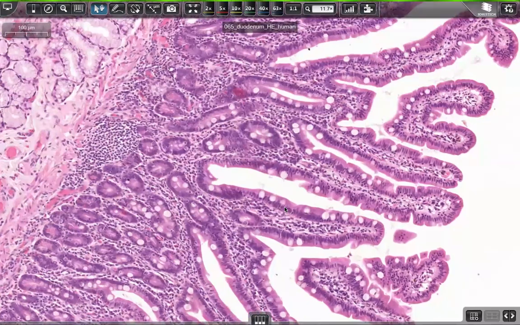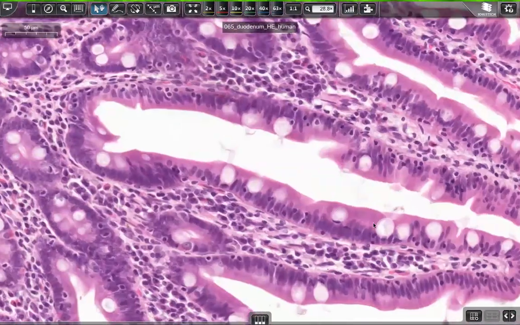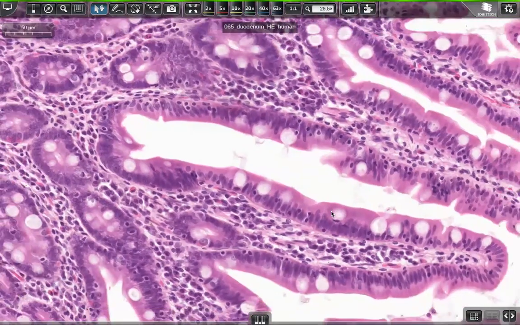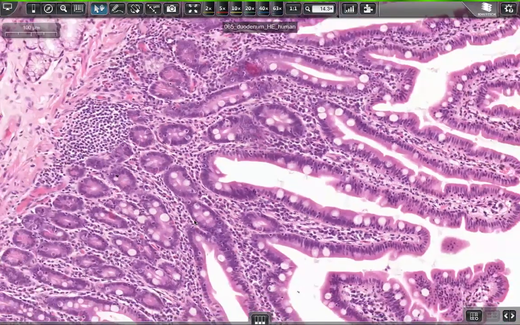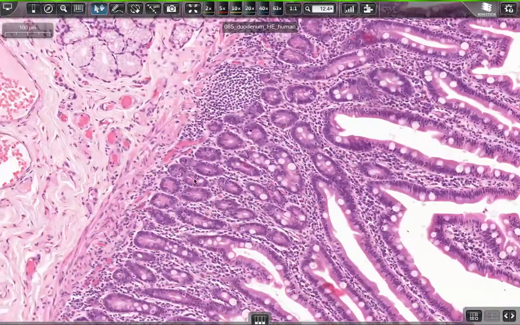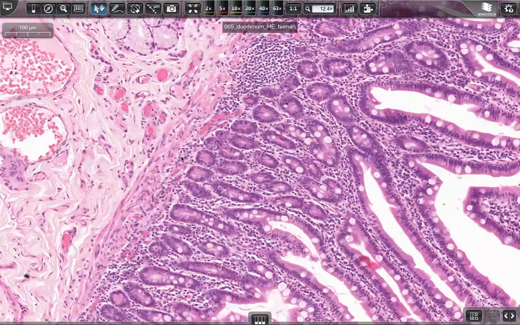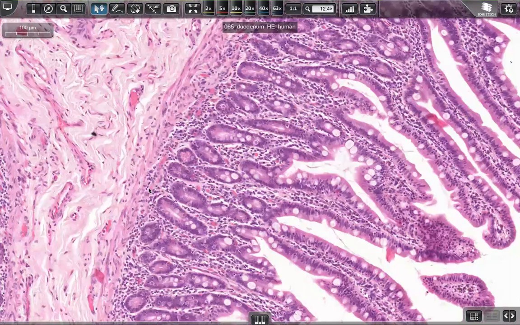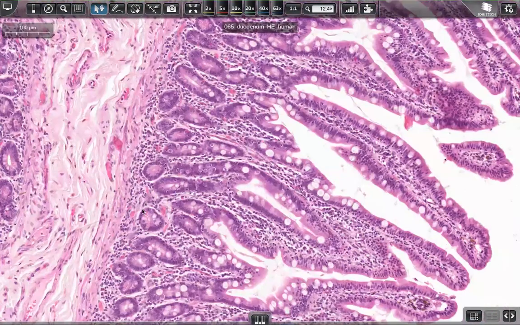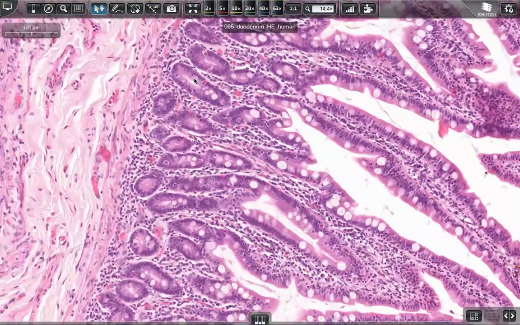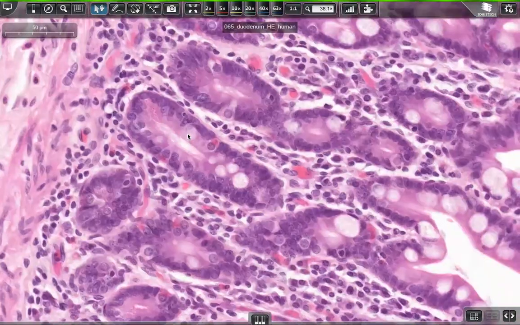Among the cells, we have goblet cells. And at the bottom of the propria, we have these intestinal glands called crypts of Lieberkühn. So crypts of Lieberkühn, and these structures are built up by enterocytes.